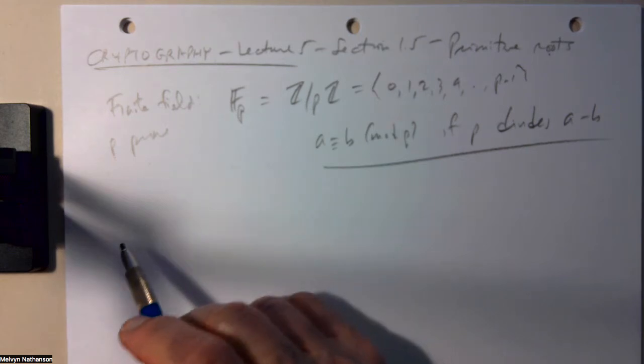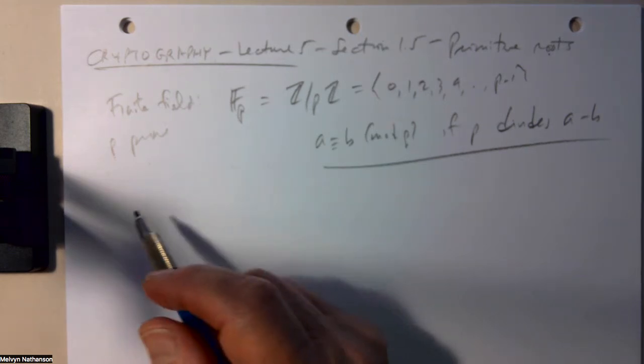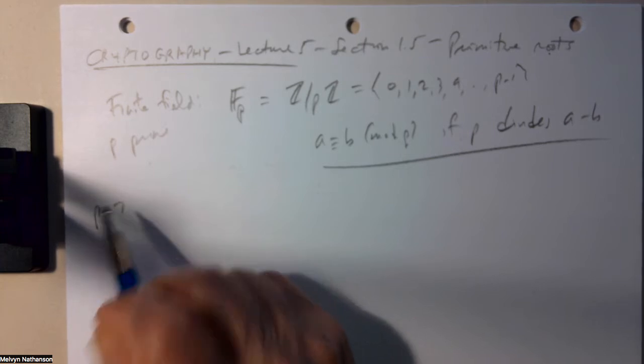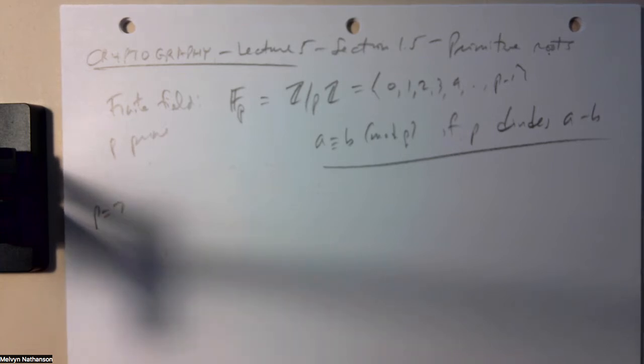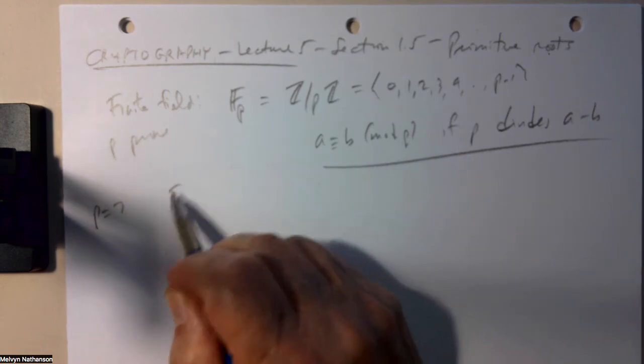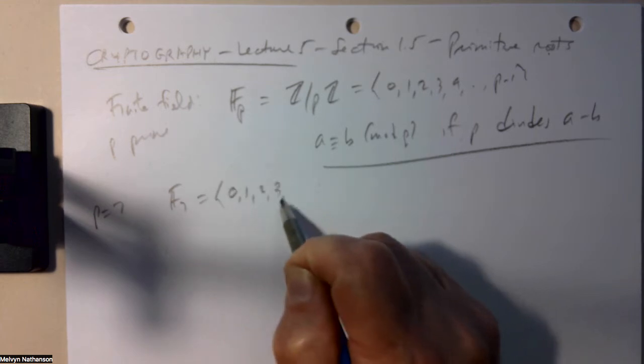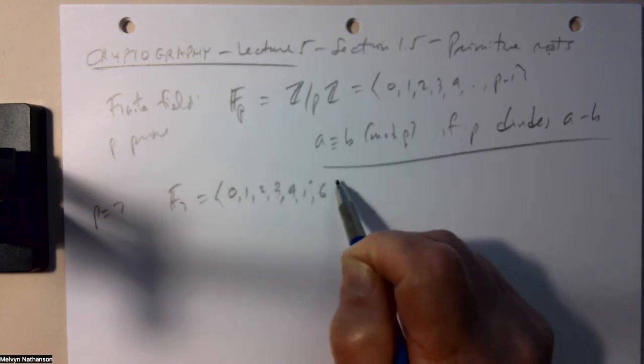So let's take the example that you find on page 30 in the book. Take p equals 7. So we're working in the finite field with 7 elements. F7 is 0, 1, 2, 3, 4, 5, and 6.